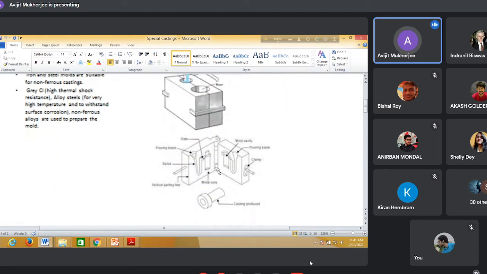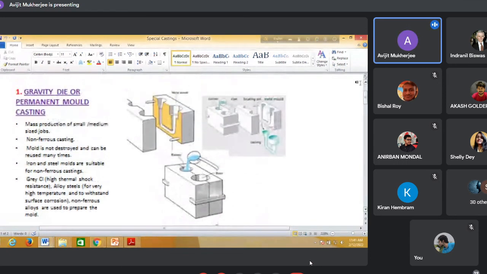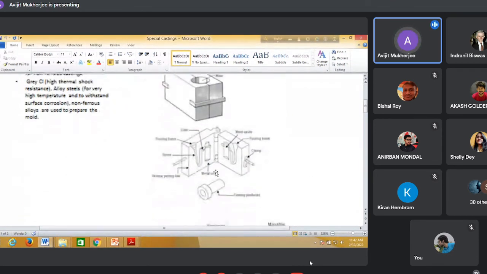This is another shape, same thing, but you try to understand the difference between these two. Here, this is a completely separate part. There are ejector pins, guide pins. They are united and clipped here. But in this figure, these two parts are hinged here like a book.